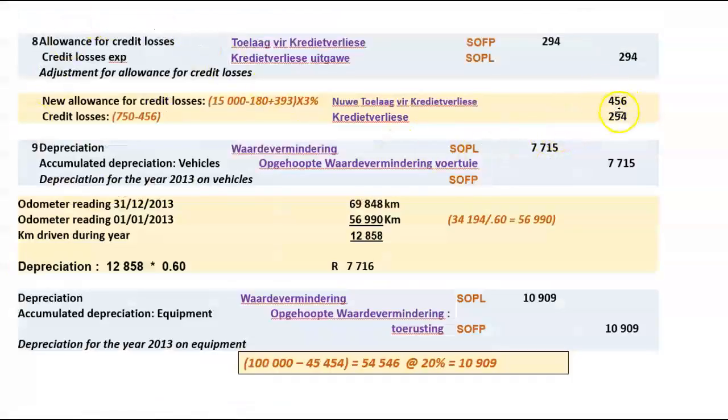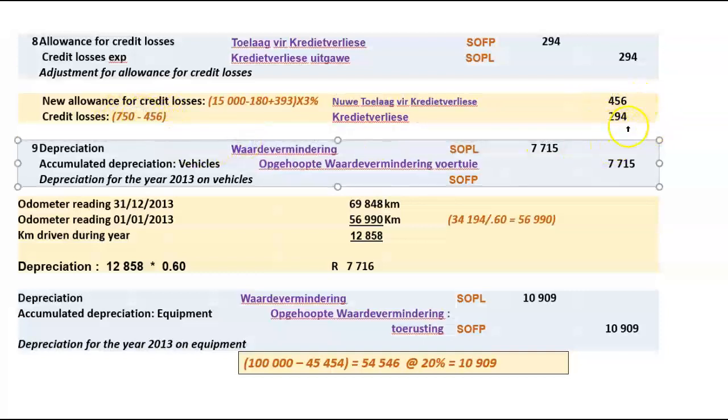The difference between 750 and 456 is 294. So I'm going to debit my allowance for credit losses account, statement of financial position, 294, and I'm going to credit my credit losses expense account or credit losses adjustment account, a statement of profit or loss account, with an amount of 294.